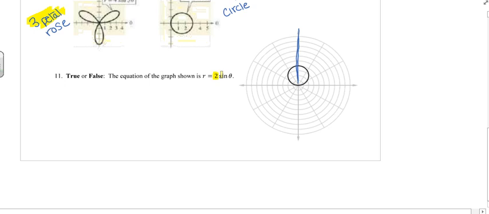A leading coefficient of 2 would have to be a diameter of 2, and the diameter of our circle here is 4. So this is close, but not quite. I'm going to mark that false. If that had said r equals 4 times sine theta, I'd have been all about that.